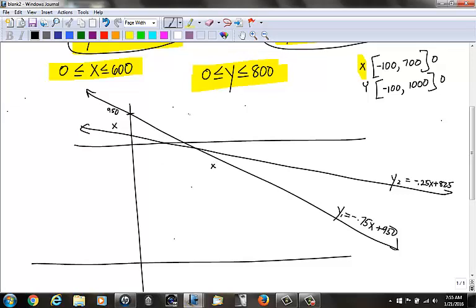Yep. Now if we did all the shading, the only other part we need is the x. The x is greater than or equal to 0, so that would be from here to the right. And the other part we need is the x is less than or equal to 600.